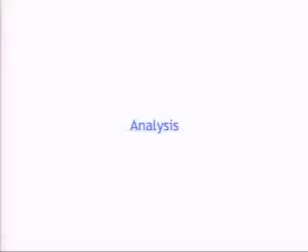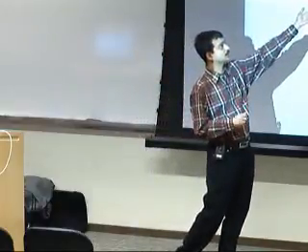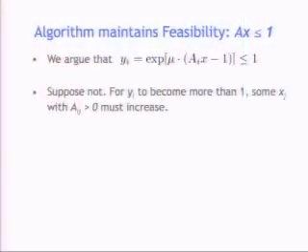Okay, so let me give you some intuition about the analysis. Let me quickly argue that the algorithm always maintains primal feasibility throughout the execution. To prove this, we show that all the y_i's are at most 1. If all the y_i's are at most 1, then it follows immediately that A_i x is less than or equal to 1. Now suppose not. Suppose some y_i increases to more than 1.